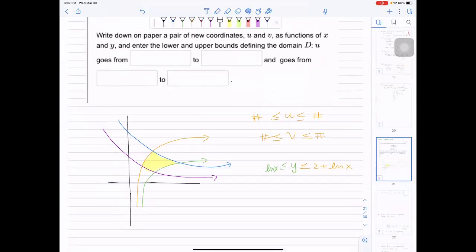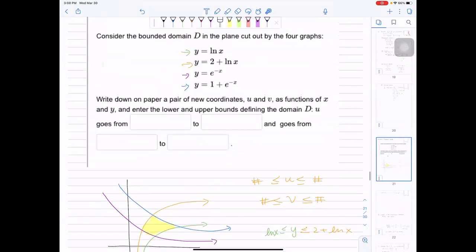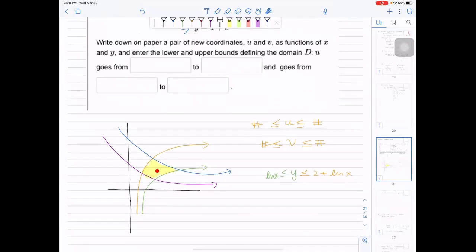Why are you putting the natural log x's? So first they tell us that our domain is cut out by 4 graphs. We drew the 4 graphs, we have this region. If you think about drawing a line in the increasing y direction, you go first through the green one, which is natural log x, and then through the orange.